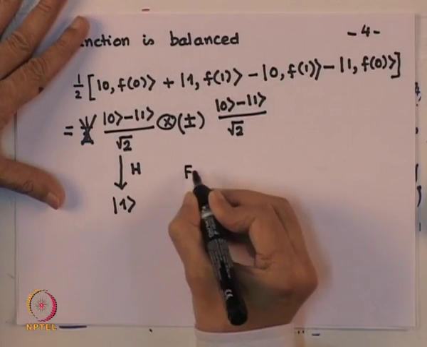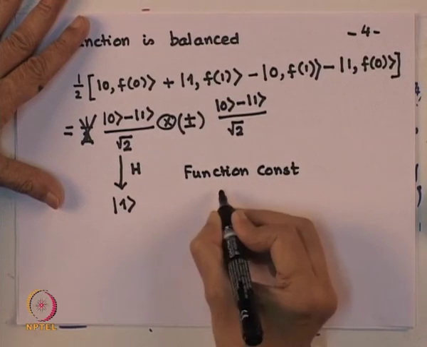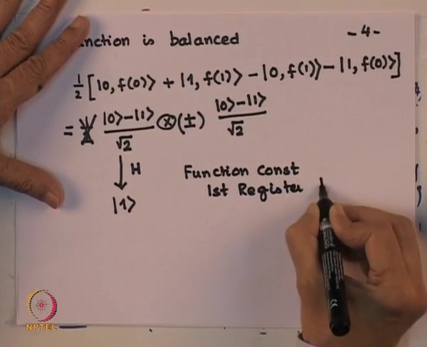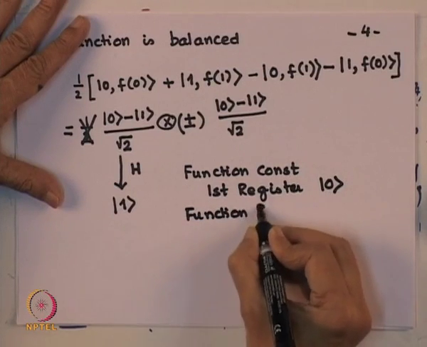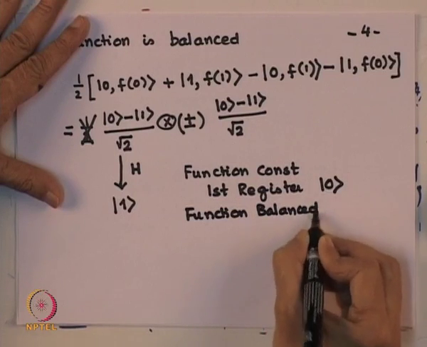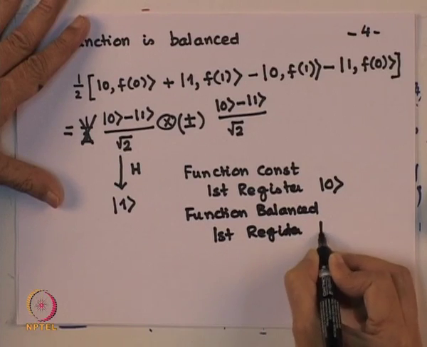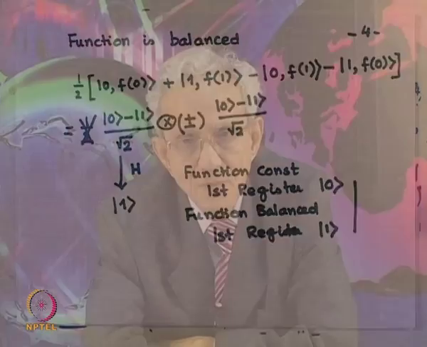So summarizing the result, function constant, first register gives me 0, function balanced, first register gives you 1. So therefore, all that I need to do is to measure the first register, and if I get a 0, I know that it's a constant function, and if I get 1, it's a balanced function.